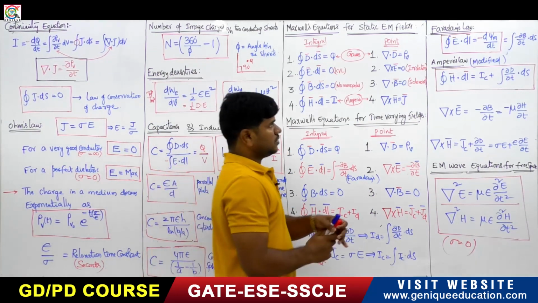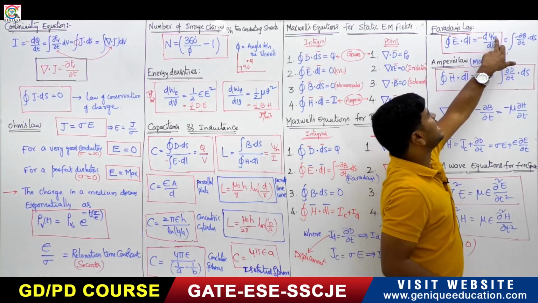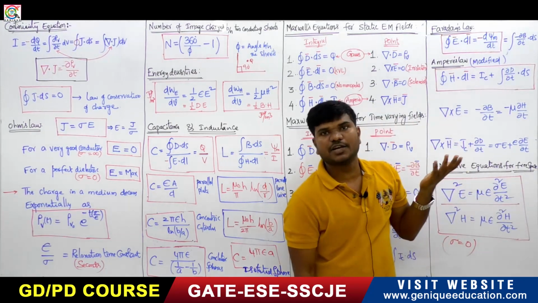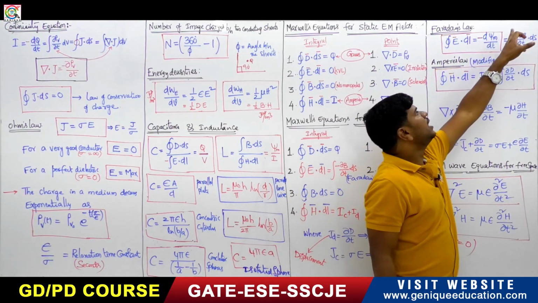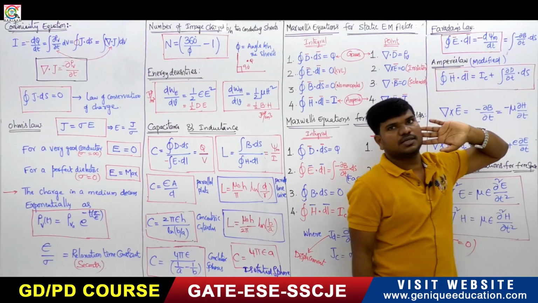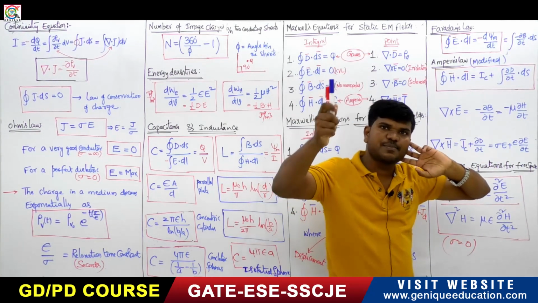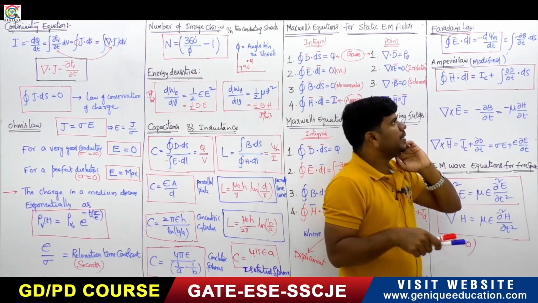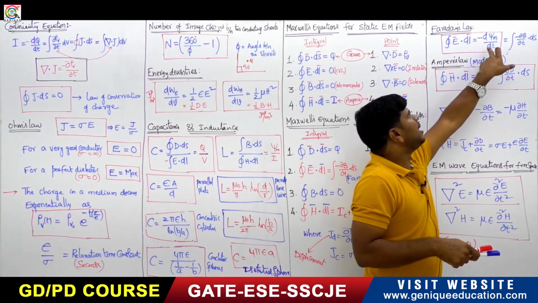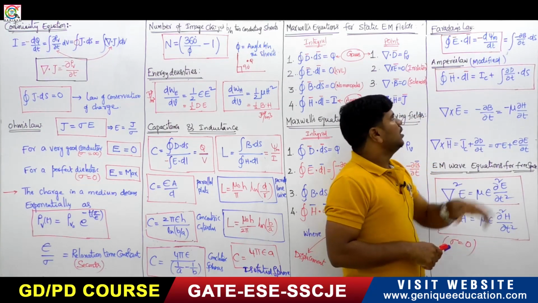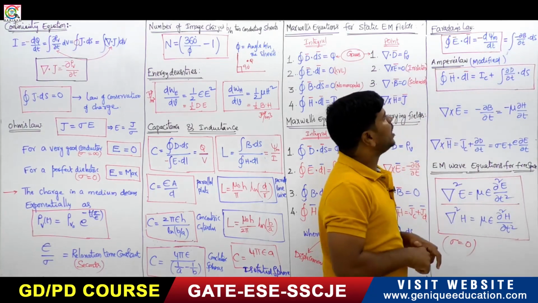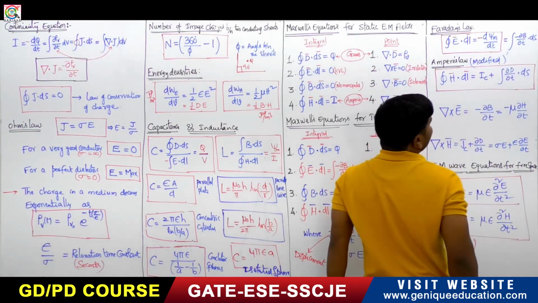Now I am writing this psi m, which is the magnetic flux, as the integral of B dot ds. Magnetic flux psi m is equal to integral B dot ds. I am sending this d by dt inside the integration. Then I will get minus dou B by dou t dot ds.